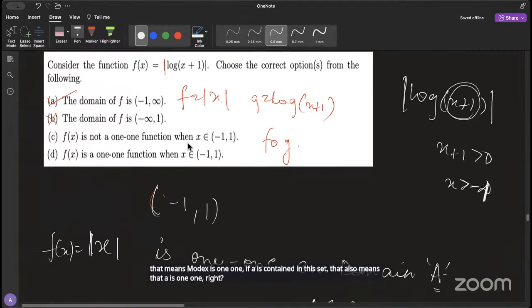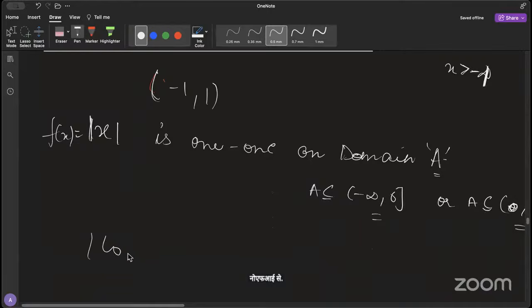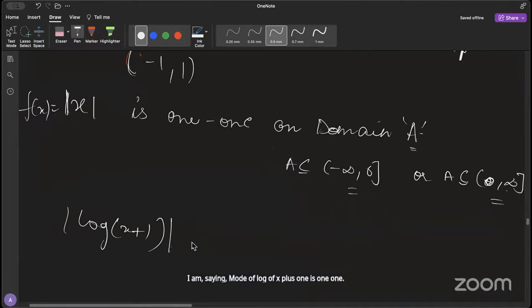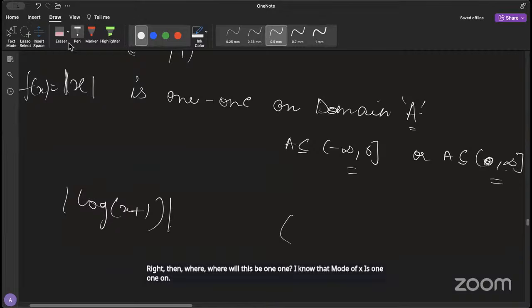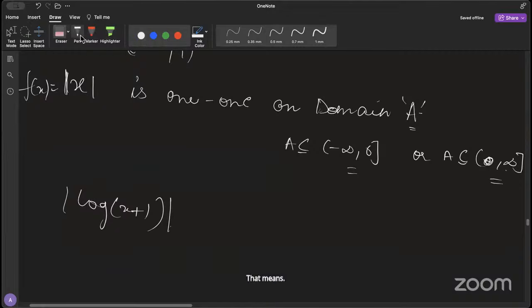Now, I'm saying mod of log of x plus 1 is 1-1, right? Then where will this be 1-1? I know that mod of x is 1-1 on this. That means I want either this interior to be greater than 0. This implies either your log of x plus 1 should be greater than 0, right?